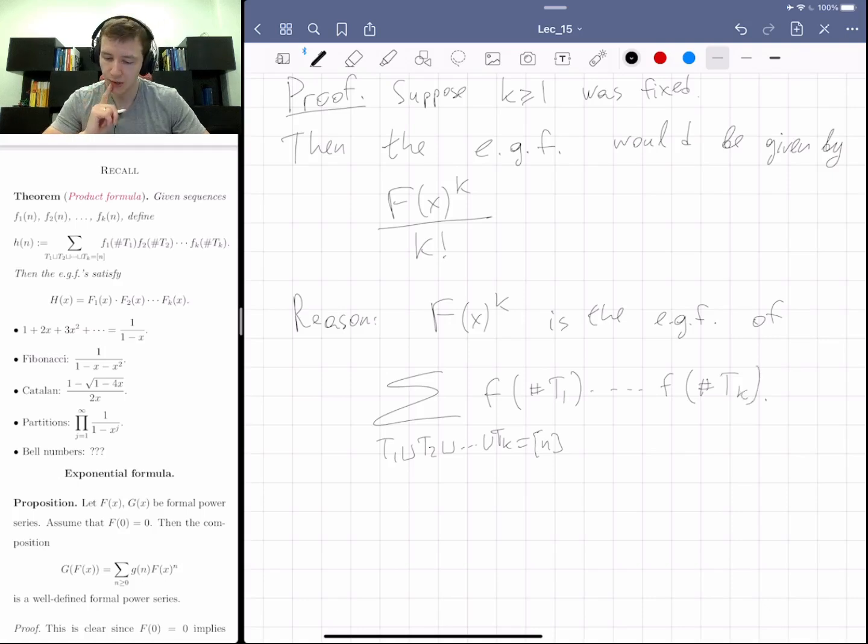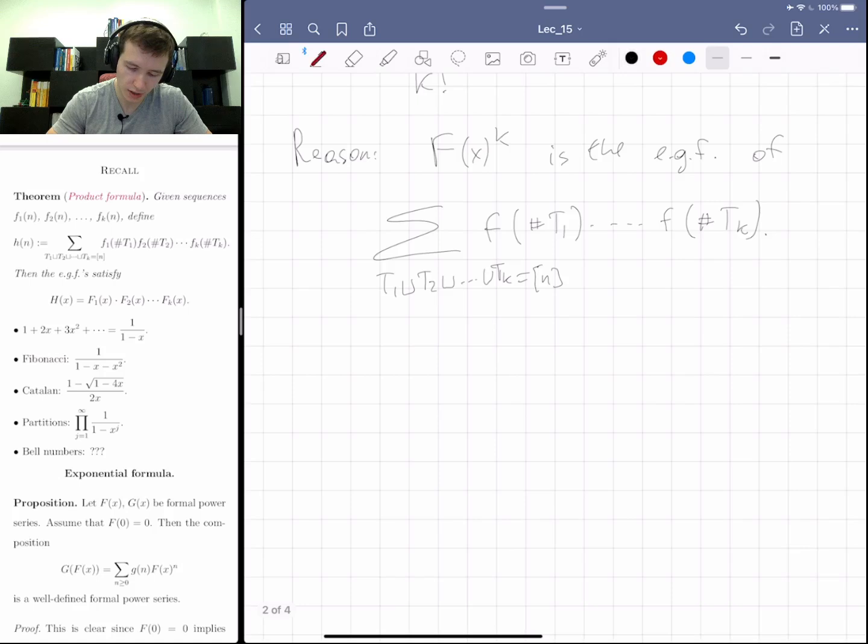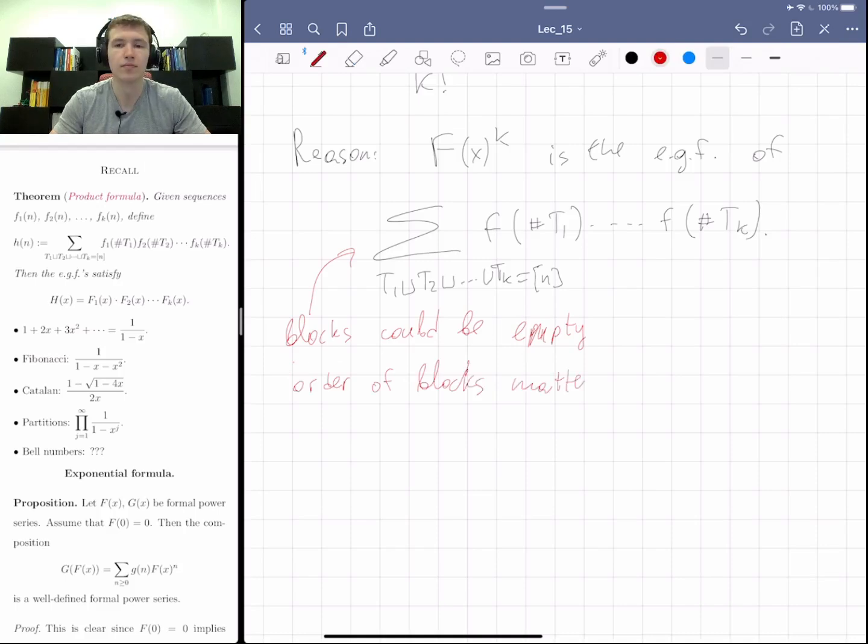The two observations here are that the blocks could be empty, and also the order of blocks matters. So that's the sequence that you would get by just raising f of x to the power of k.